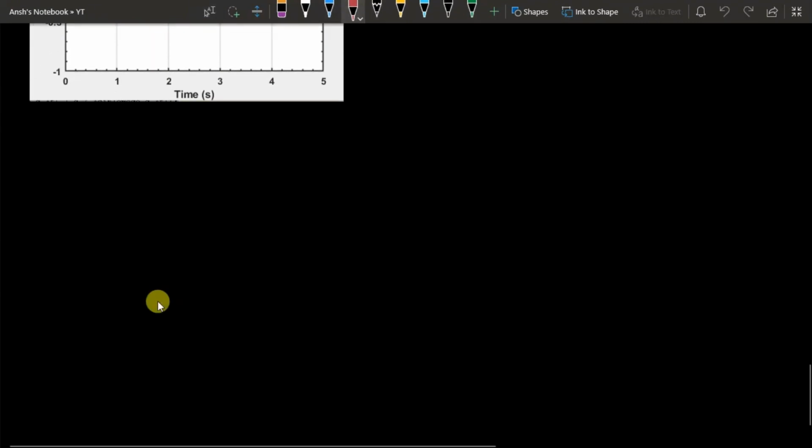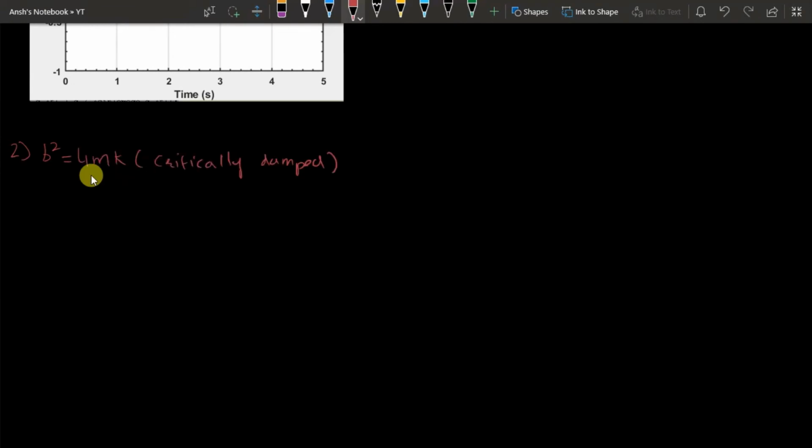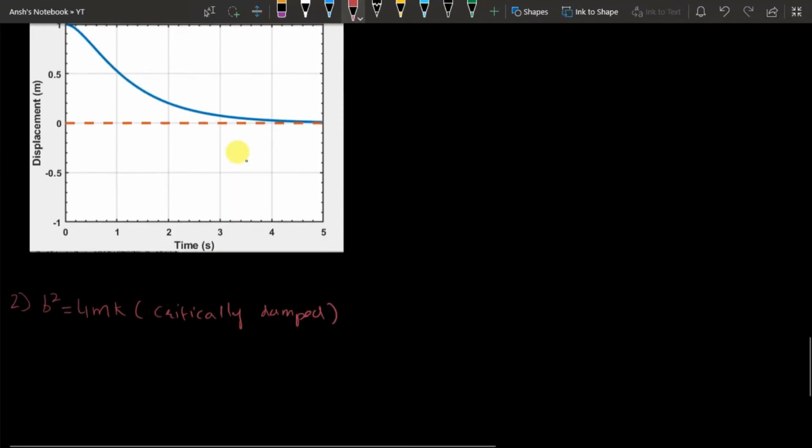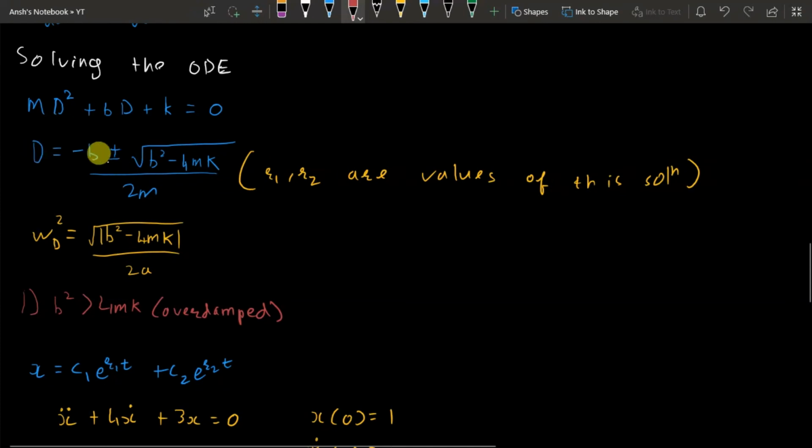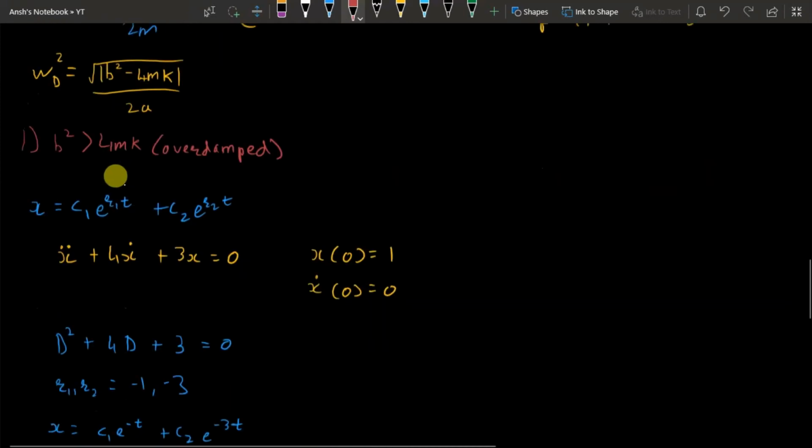The second case that we have is b square is equal to 4mk, and this is called critically damped. Now, when b square is equal to 4mk, what do we have in our root? This term will just be 0. So we just have one unique root which will be equal to minus b over 2m.